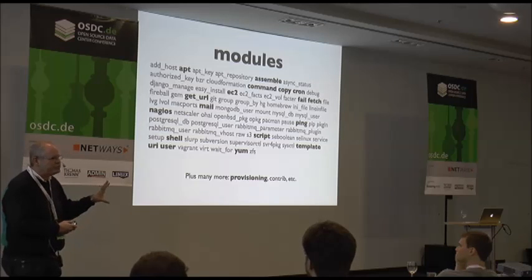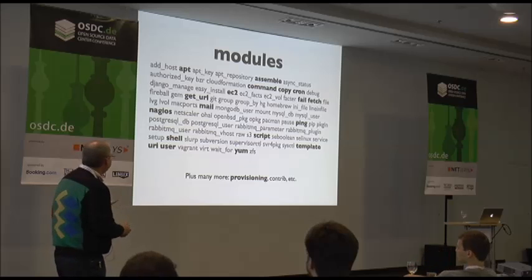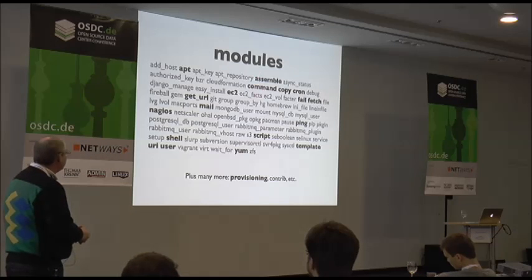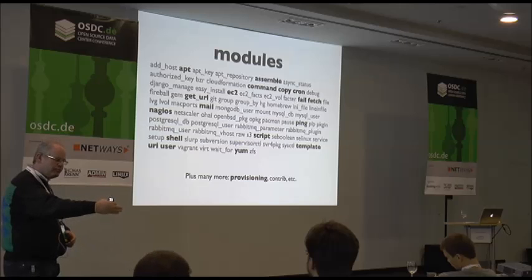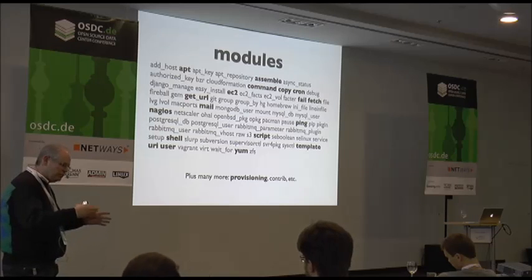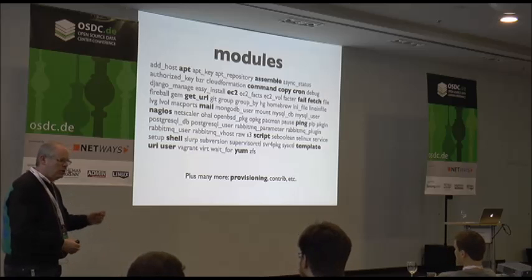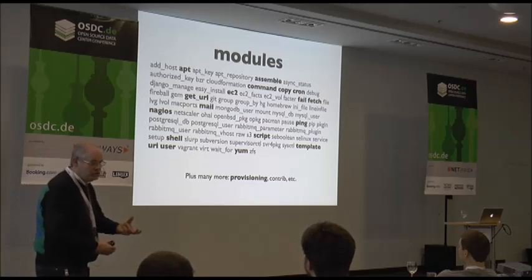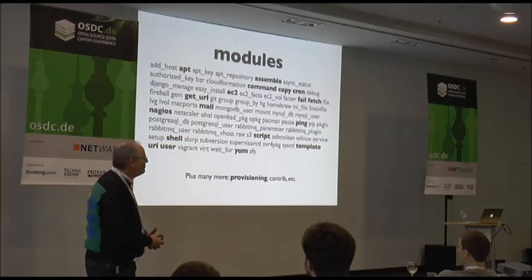This is just a very, very small selection, and I've highlighted a few for us. We have, for example, command, which executes a program on the other side of the line. ansible command shutdown. Command is not idempotent. For example, a reboot is not idempotent, obviously.